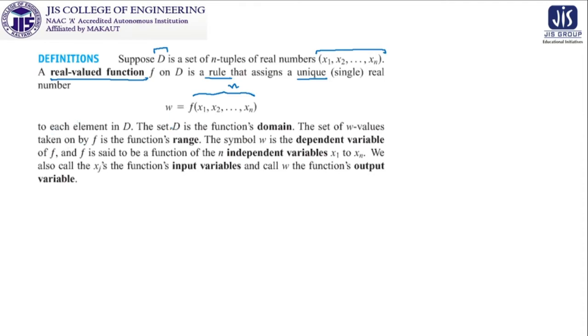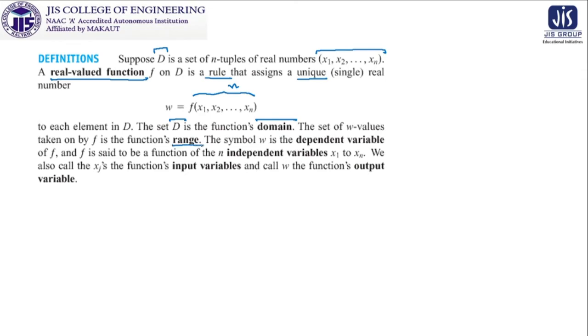So this set D, from which we are taking the n-tuples x1, x2, x3, ..., xn, is called the function's domain. That means it is where we are collecting the inputs from, and the set of w values taken on by f is the function's range.